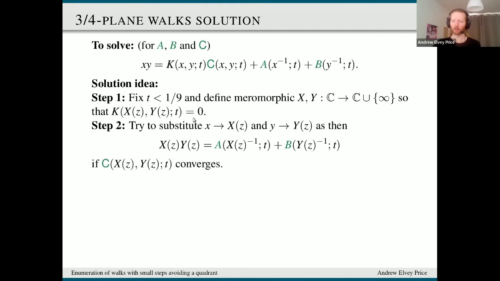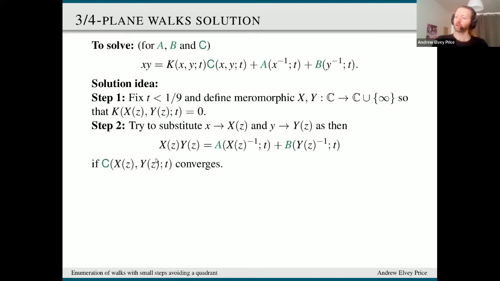These functions are based on t as well. So the point of this is that if we then substitute x to x of z and y to y of z into this equation, then it will cancel out the complicated bit involving C. And so we'll get this equation that, in some sense, is simpler.